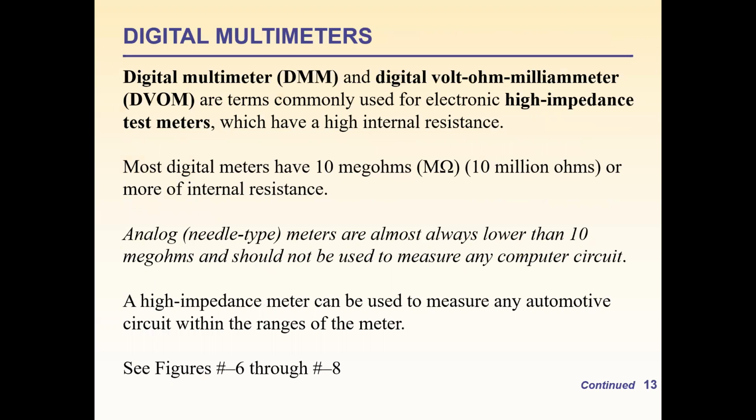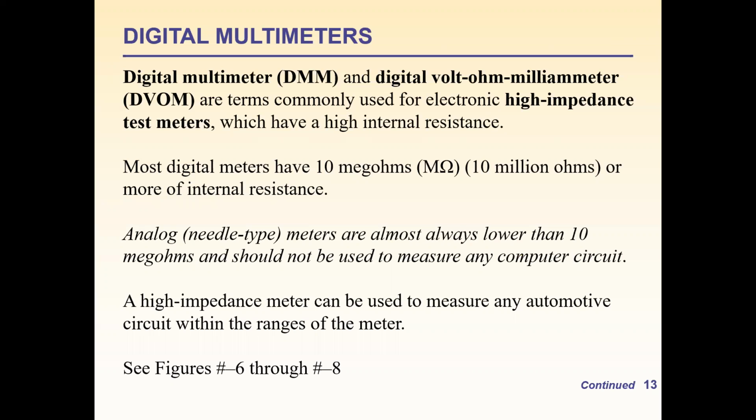Now next is the digital multimeter. The digital multimeter is a very common testing equipment which is utilized in automobile circuits. These digital multimeters are also abbreviated as DMM. Digital volt ohm milliammeter means it measures voltage, it measures resistance, and it measures current.